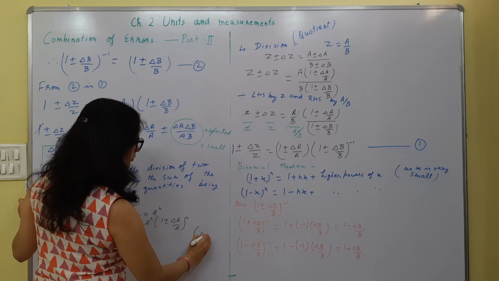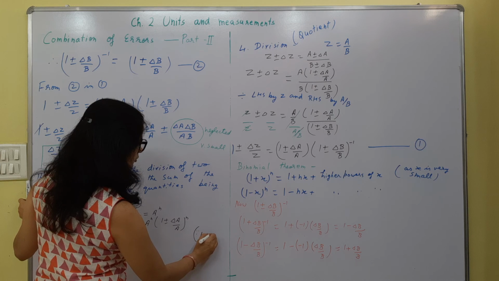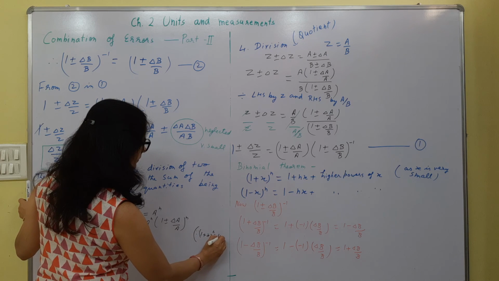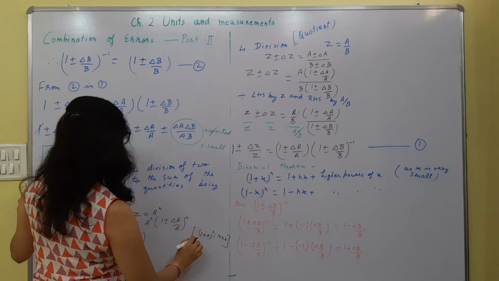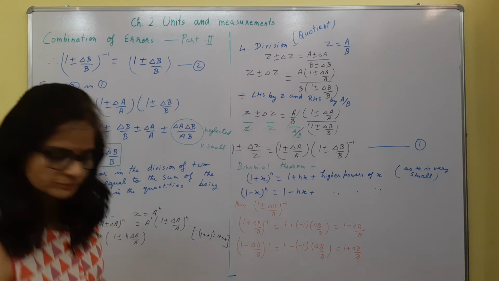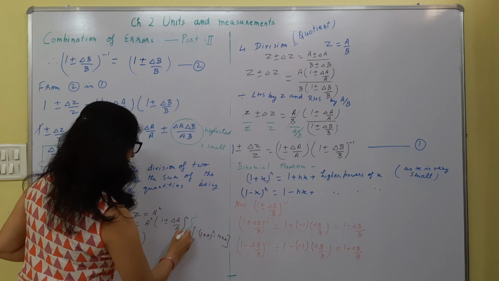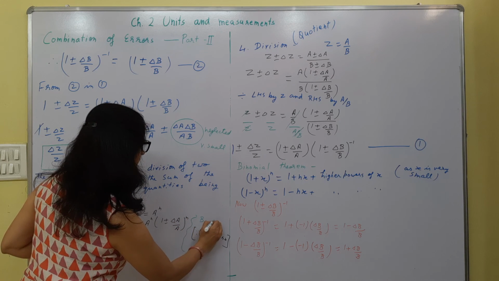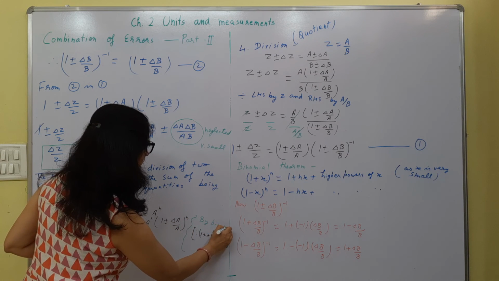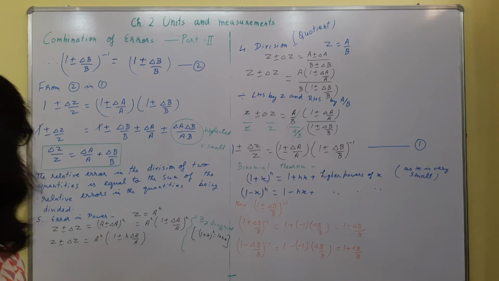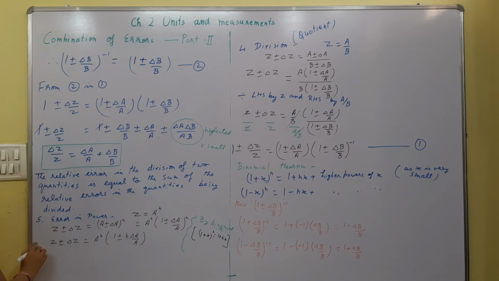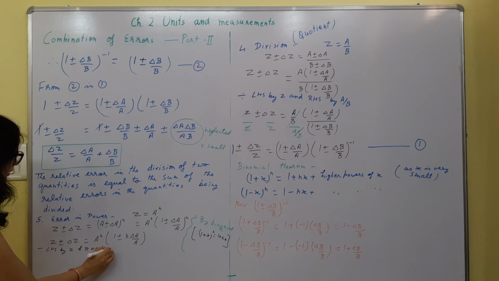Since we know (1 + x)^n is approximately equal to 1 + nx, this is by the binomial theorem. Right, so I have used this here. So divide the left hand side by z and the right hand side by a to the power n.